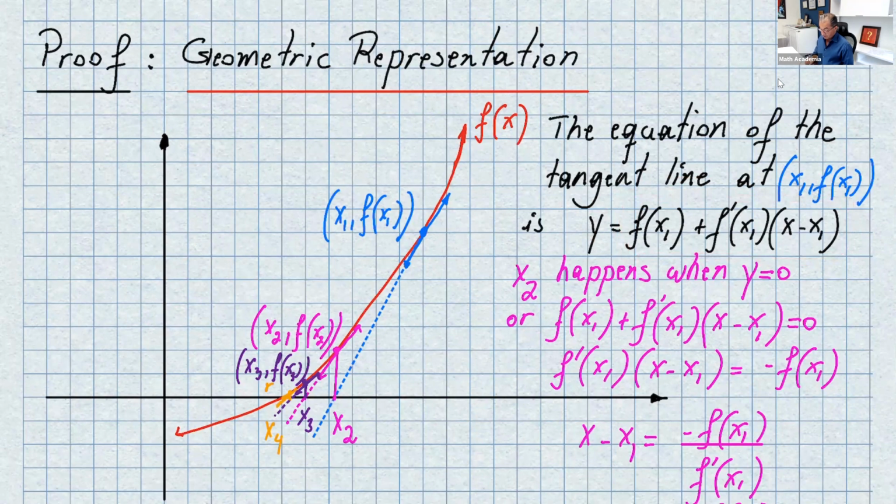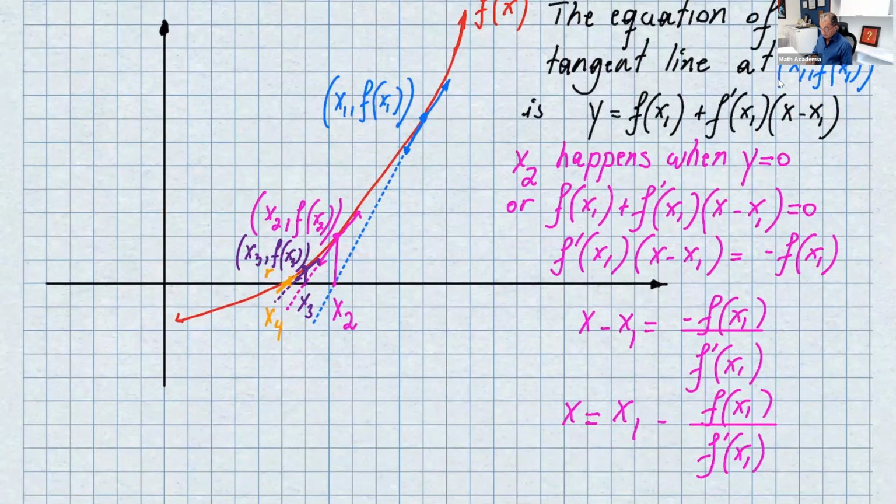And if you do the algebra, you can subtract f of x1 from both sides. So you get f prime of x1 times x minus x1 equals negative f of x1. Then you can divide both sides by f prime of x1.